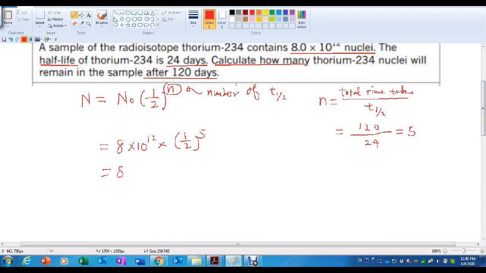So that basically is 1/32. All right. If you use your calculator properly, you will get this answer. So that's the number of undecayed nuclides after 120 days.